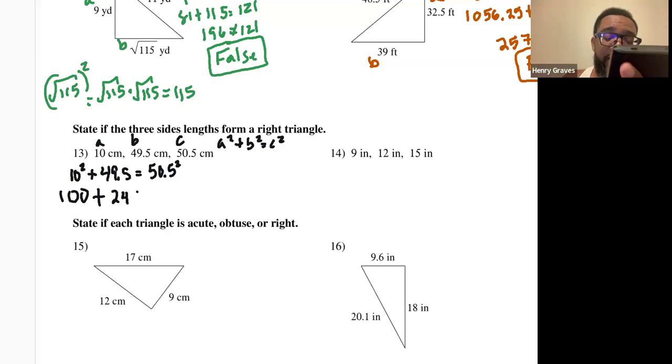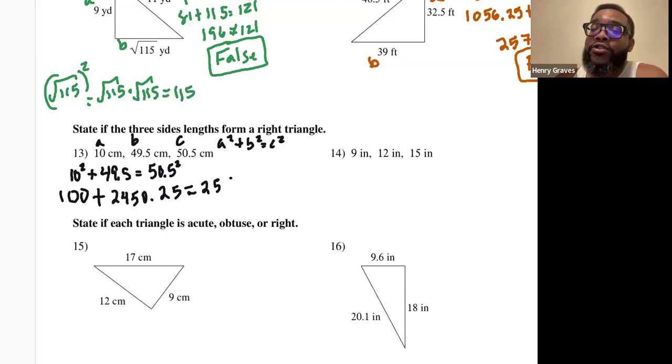And 50.5 squared is going to be 2550.25. So I think this is true. And yes, it is. 2550.25 is indeed equal to 2550.25. So this is indeed going to be true.